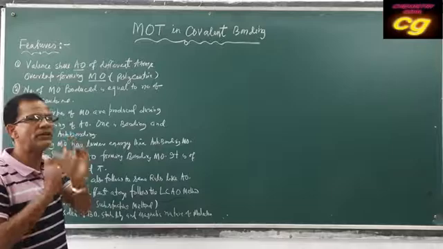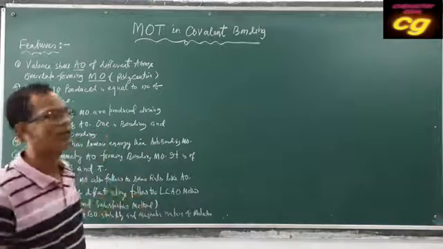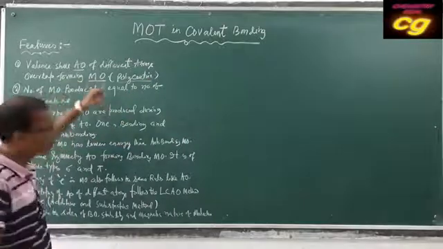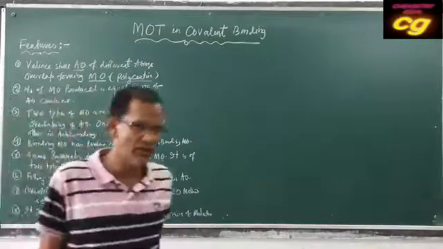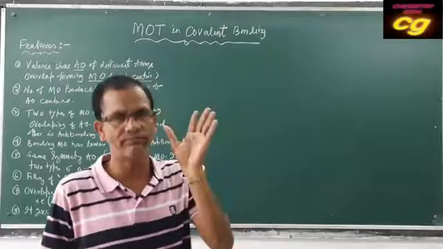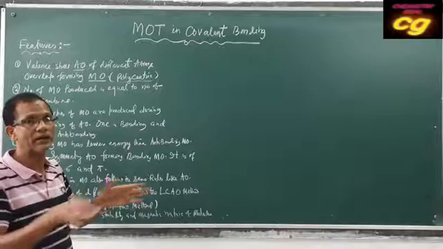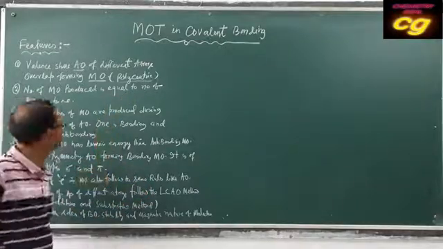This molecular orbital remains in between bonded atoms. That's why it is called polycentric. But an atomic orbital is always monocentric. It belongs to the particular atom. But a molecular orbital belongs to the bonded atoms. That's why it is called polycentric.